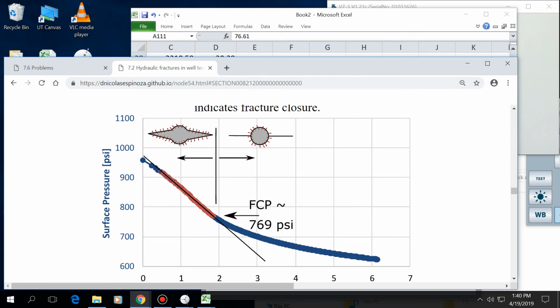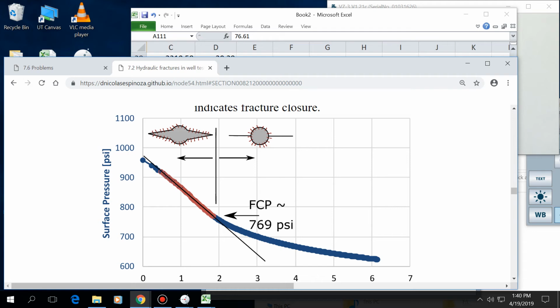So it's going to show a linear trend, and in that period the fracture is open, fracture pressure goes down very quickly, but when the fracture closes, you have less area for the fluid to leak from, and the pressure starts to go down more slowly. This is the point of the fracture closure pressure, and here the time of the fracture closure, which in this case we don't need, we just need the fracture closure pressure.